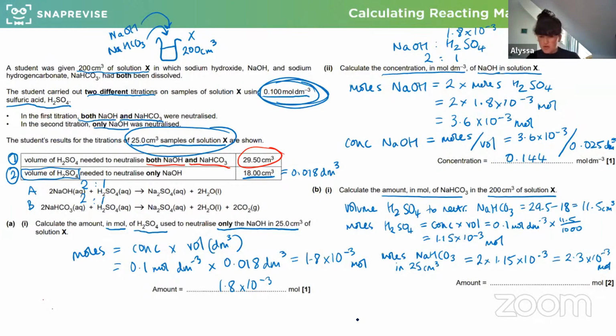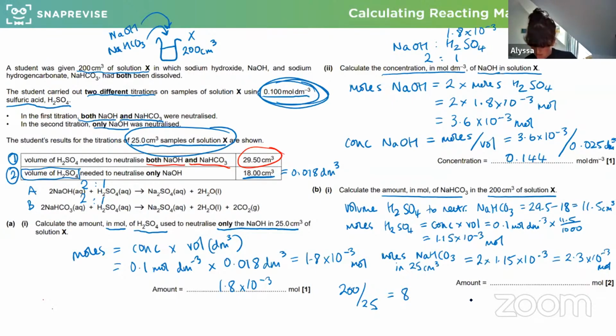If I'm not sure, I can work out the conversion. How many times does 25 go into 200? Is 8 times. So I must have 8 times as many moles in 200.